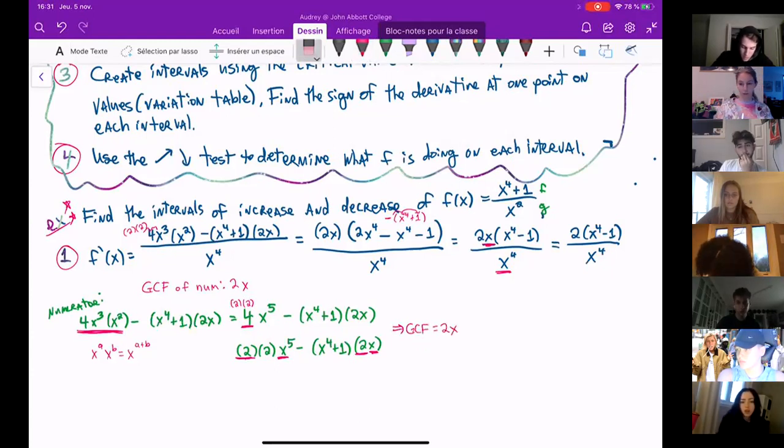Did that help? Couldn't we just multiply 2x by, oh no, it's a product rule, never mind. Confused. So when we're simplifying, we know that our first step is always to try to pull out the GCF. That's what we're looking for. What's the GCF? What can I pull out? But what if we just did 2x times x^4?